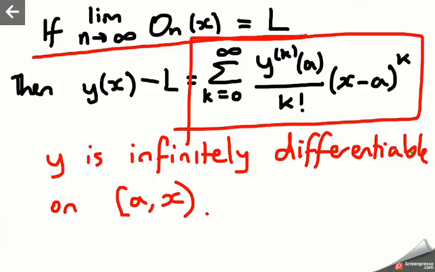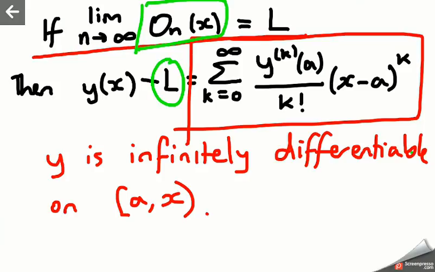And just a heads up of what's coming next. What about this L? If this L is equal to 0, in other words, if these ON of x get closer and closer to 0 as n gets bigger and bigger, then we can actually write y of x in a special form. We can write y of x as its Taylor series.